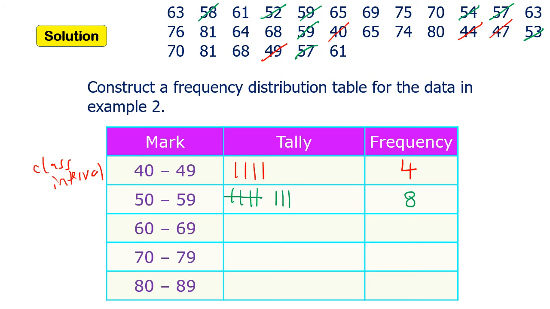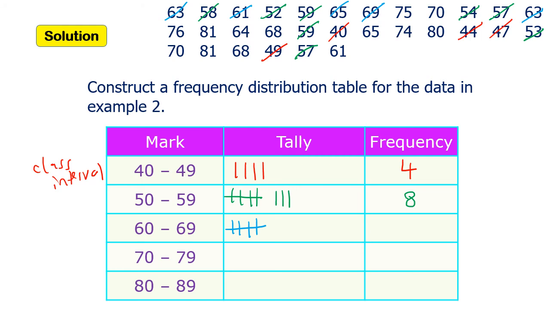Right, next we choose the light blue color for 60 to 69. We look for numbers that start with 6, right? First we have 63, 1; 61, 2; 65, 3; 69, 4; 63, 5. So we have 5 in the first row.